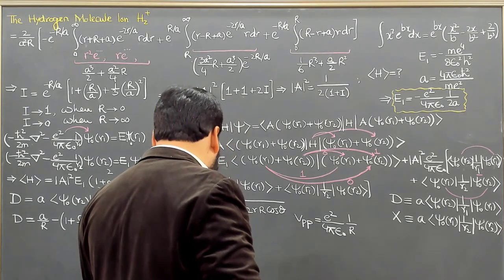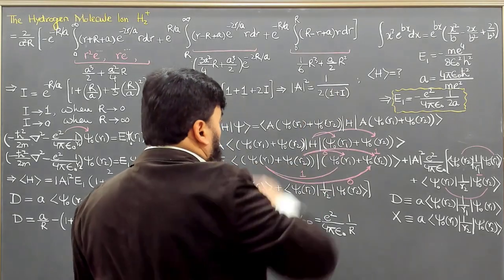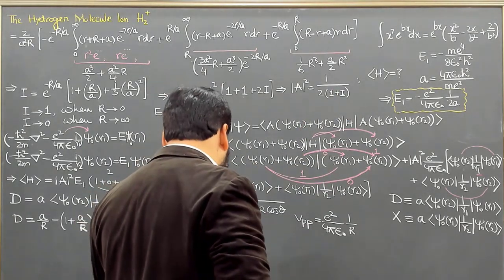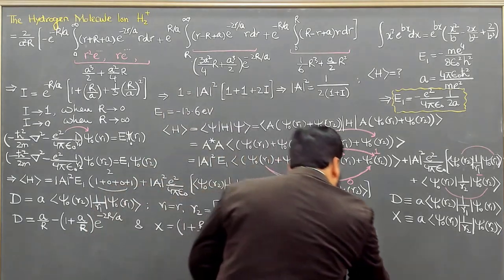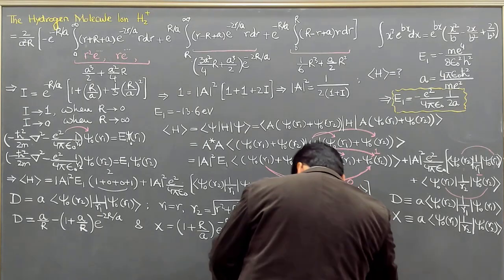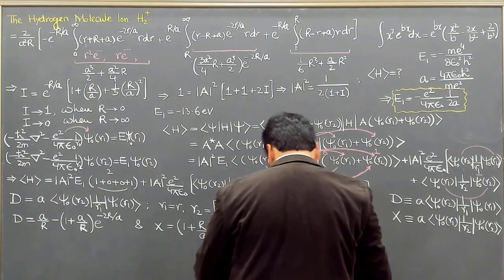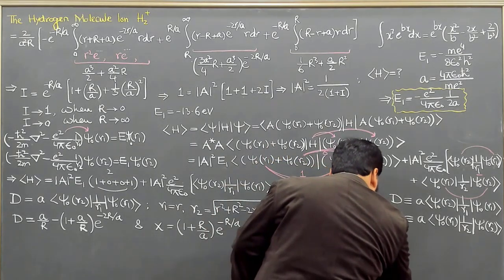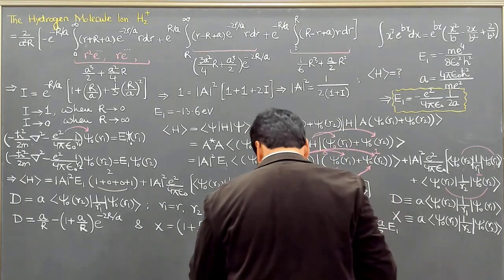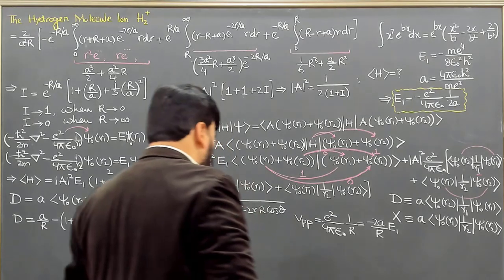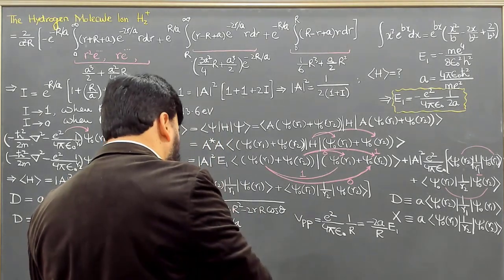Now I can write this in terms of E1 and a by incorporating those equations, which I have done step by step in the lecture. This is equal to minus 2a over r times E1. So I have written this proton-proton repulsion energy in this form.